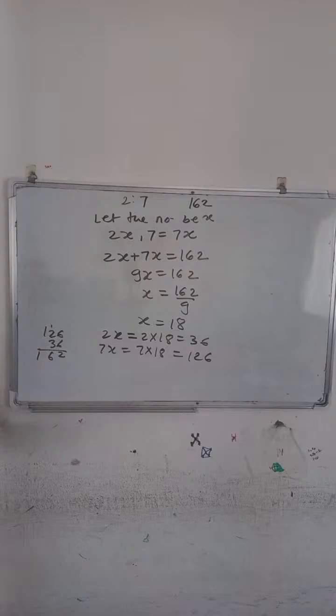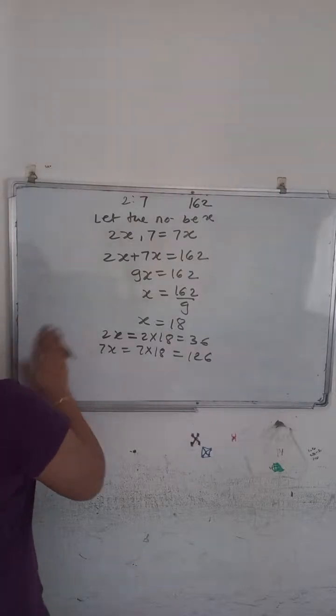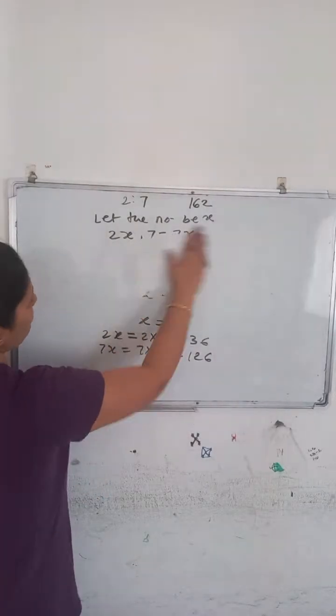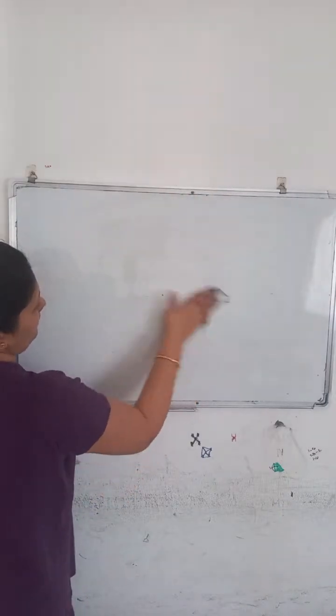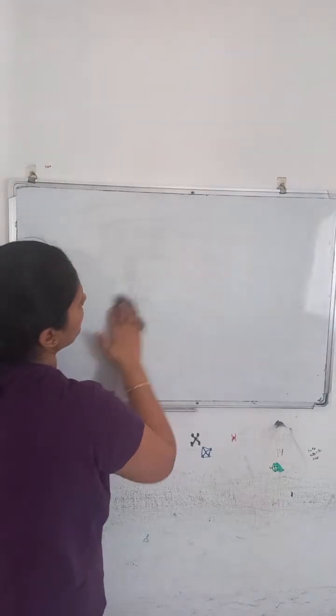Can you get the question? So the question is: find the volume of a cube with surface area 384 centimeters square. Here surface area is given, and we want to find out the volume of the cube. So here one quantity is given, from that we have to calculate the volume.